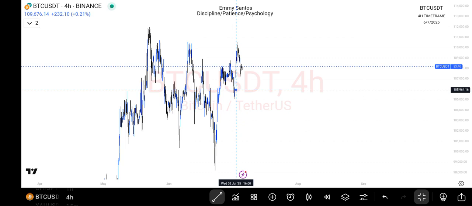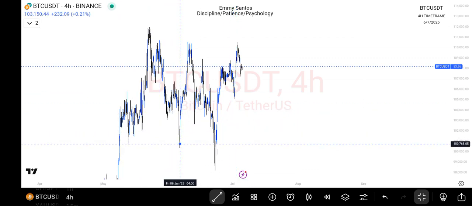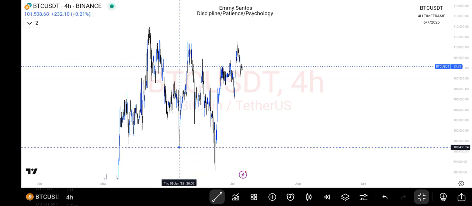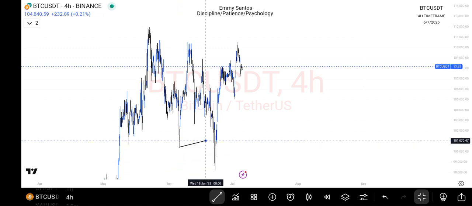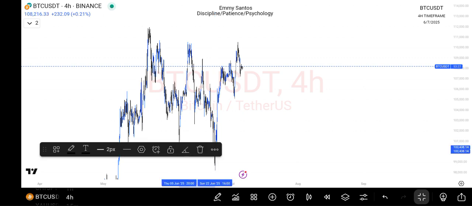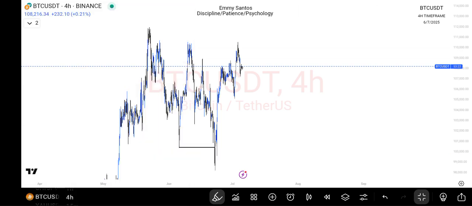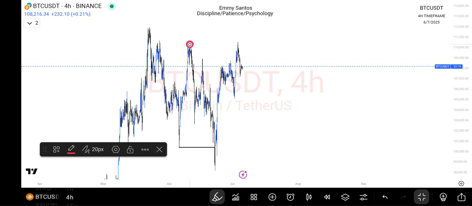Price already broke character, so I'll mark this place as our current break of structure. What is within this range is what you are trading. If you mark here as a break of structure, you are trading what is within this side and this side.